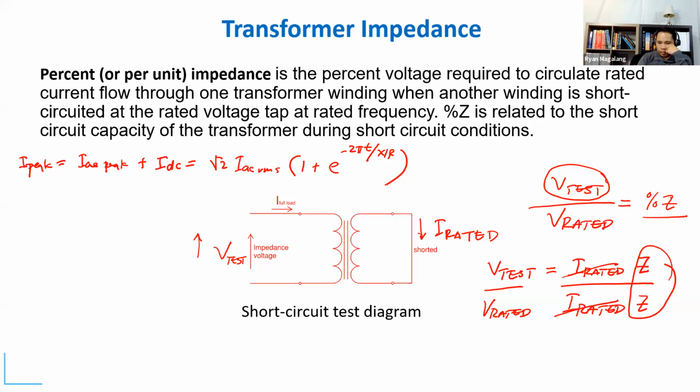Looking at this expression, we said half cycle, so the time is equal to 0.5, and 0.5 times 2 is essentially 1. So we could reduce this to 1 plus e to the minus pi over XR.